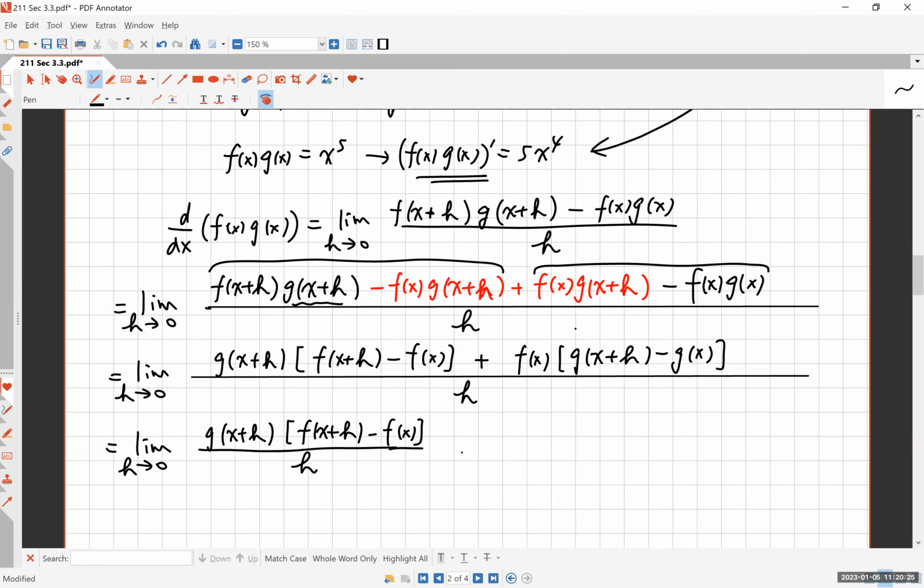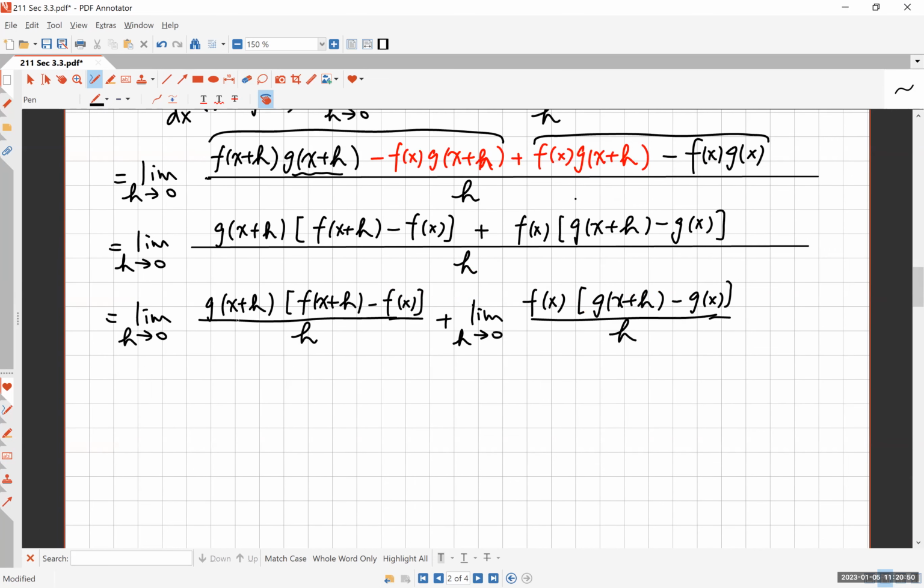But this one, this limit actually looks familiar, somewhat. And then the second one, you have f of x on the top, and then the other part is g of x plus h minus g of x. That also looks familiar. Now, as h approaches 0, this just becomes g of x.